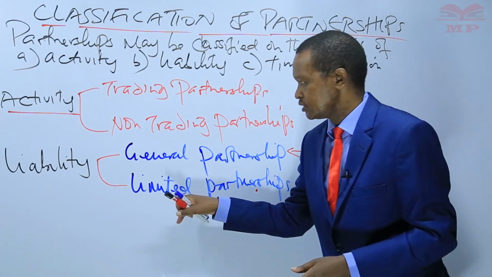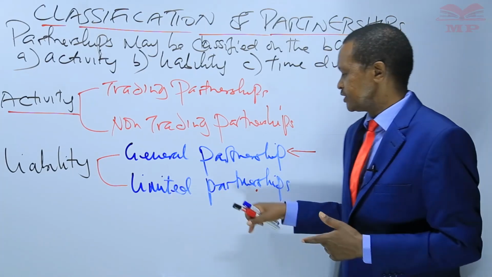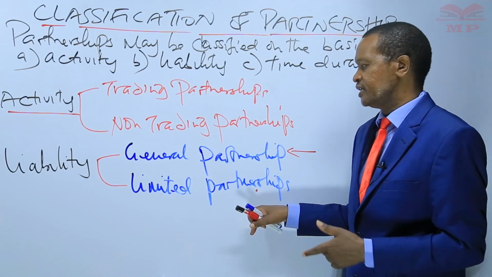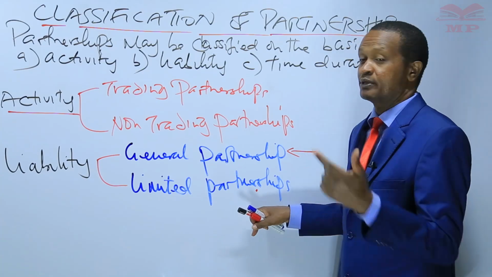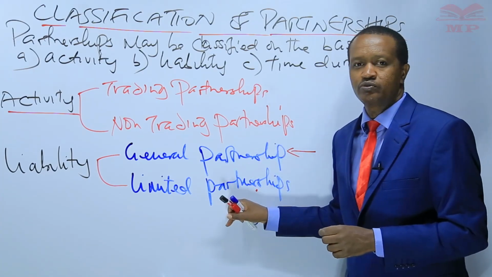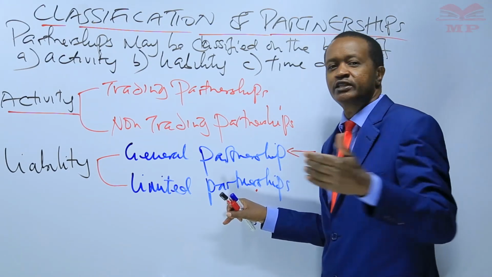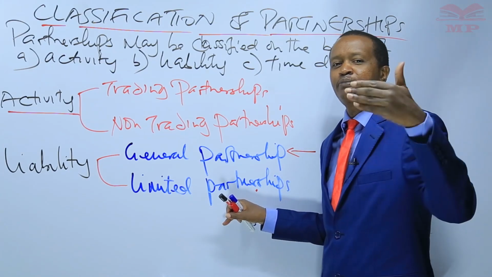One or more, that's a condition. When forming it, there has to be one or more limited partners who are expected to contribute a certain amount of capital.